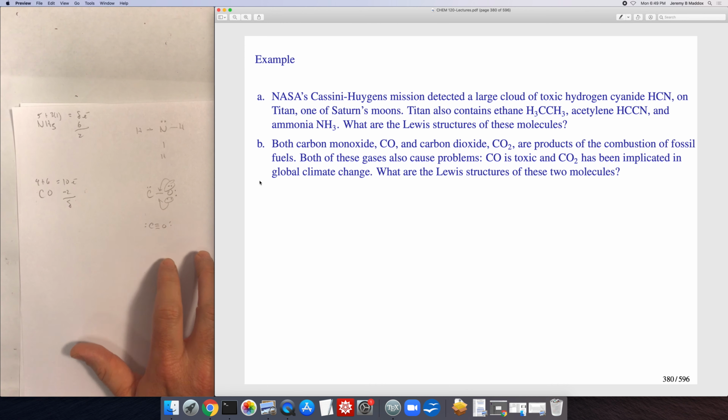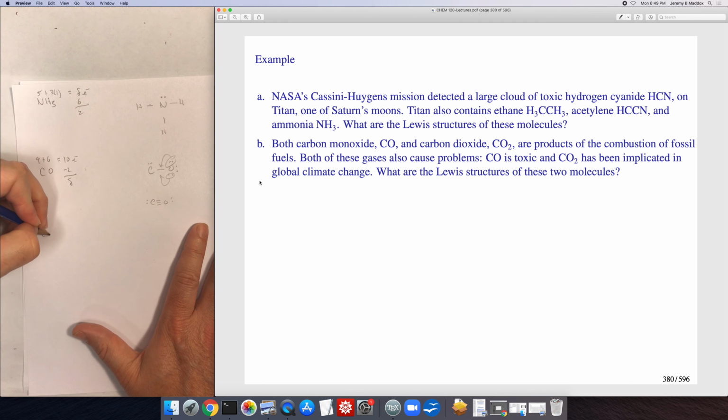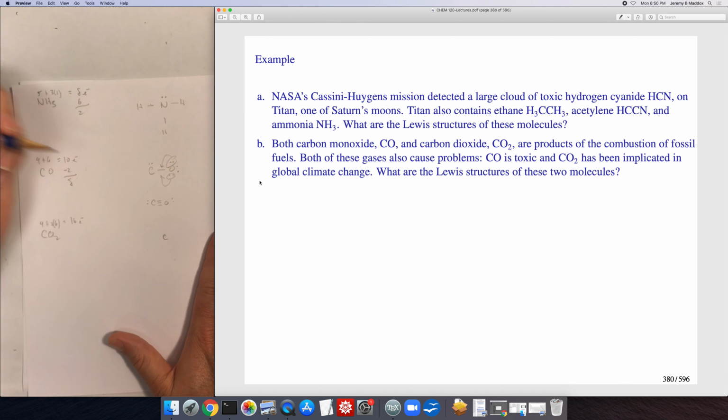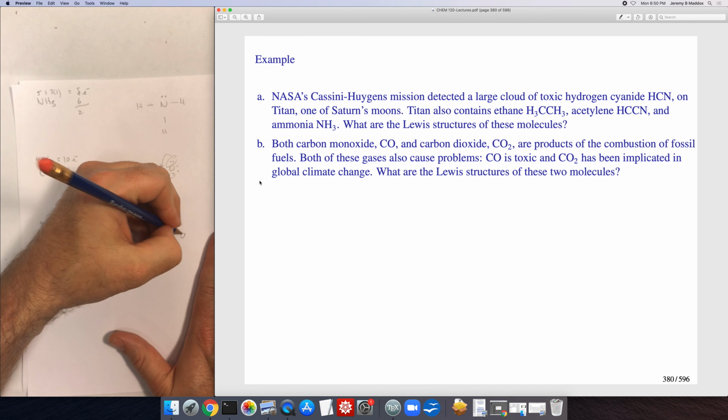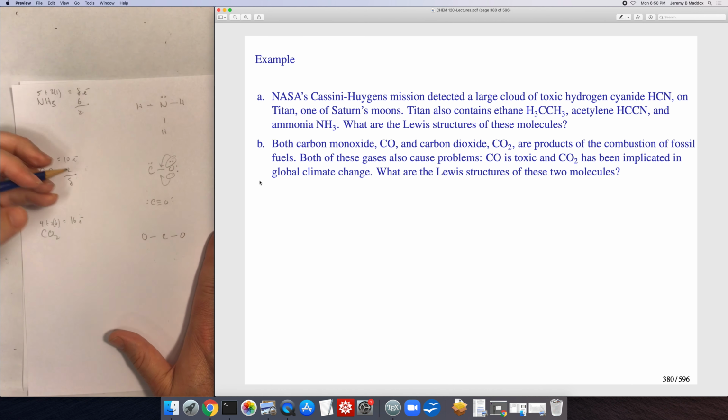Everybody's got an octet. For carbon dioxide, we've got 4 plus 2 times 6, so 12, 13, 14, 15, 16. 16 electrons to deal with. Carbon in the center because it's more electropositive. The oxygens are satellites. We take care of 4 electrons that way.